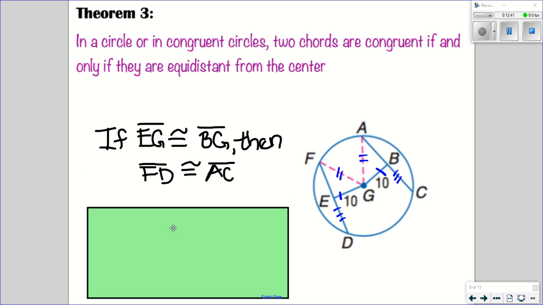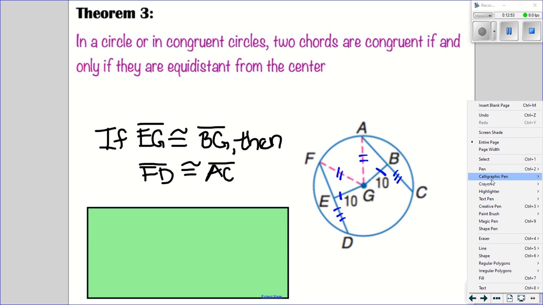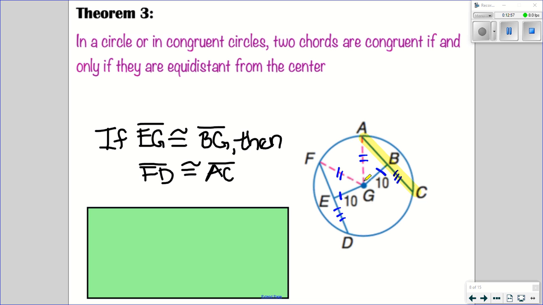So then, like it says, if EG is congruent to BG, then chord FD is going to be congruent to chord AC.